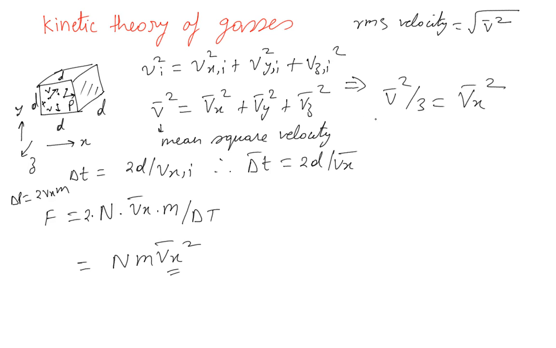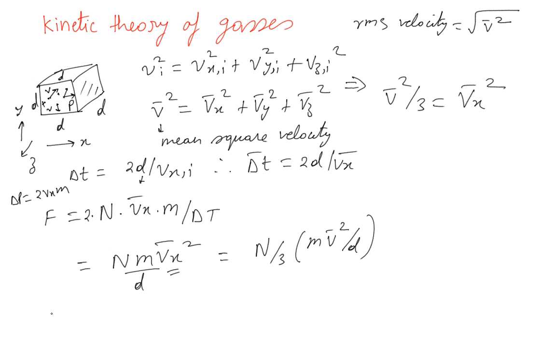So this should hold true. If you substitute this, you actually get n over 3. Actually, I forgot a d in the denominator, which will come from here. N over 3 m v squared divided by d.